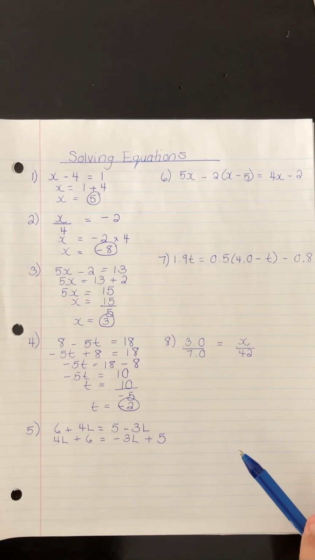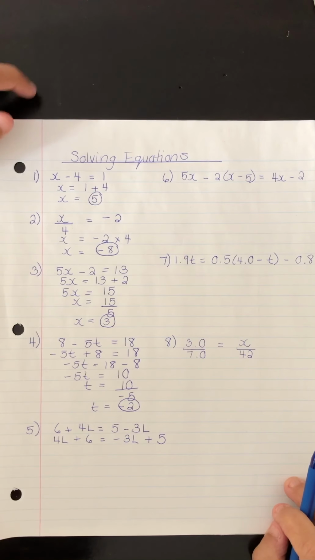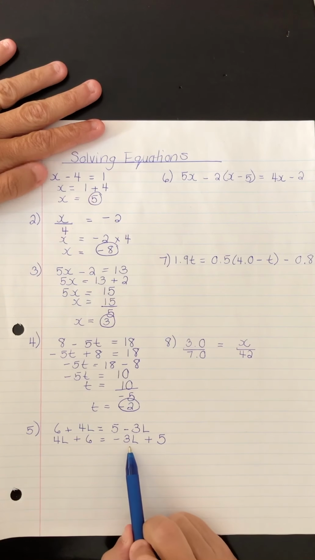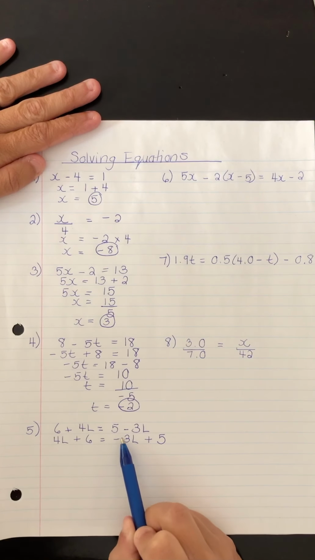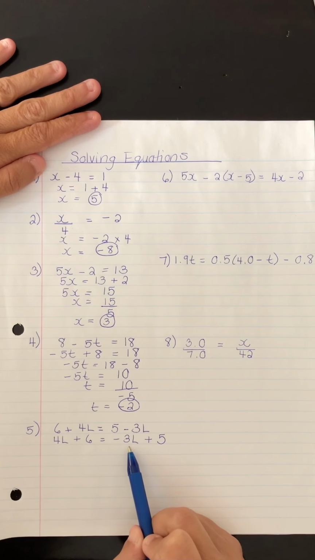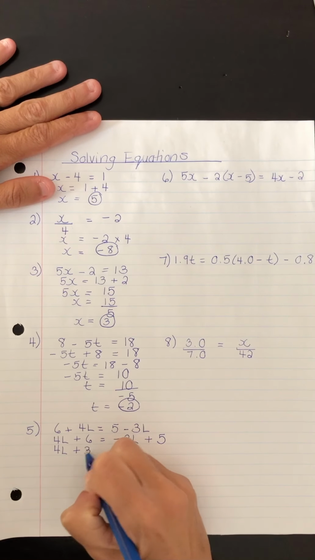So I'm going to have the terms containing L on the left side, and those without L will be on the right side. So in moving this term to the left side, we have to change from subtraction to addition, like this. So 4L plus 3L.